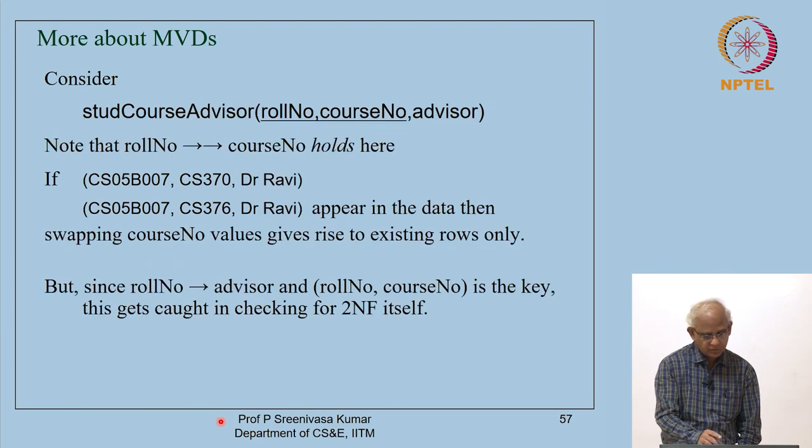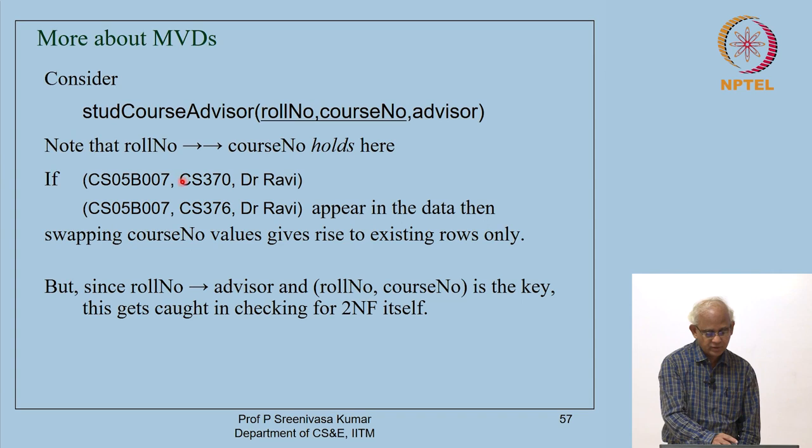Now, here is another example. In this case roll number, course number, advisor. Suppose we again consider these two cases. If you swap the third column values here, it results in the same set of tuples anyway. So, swapping either of them will result in the same existing rows only.